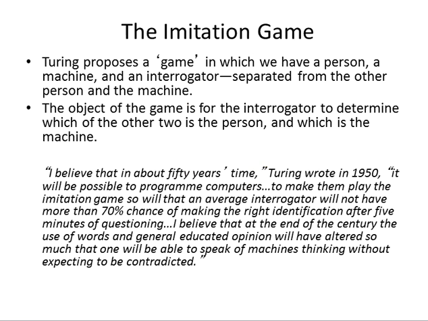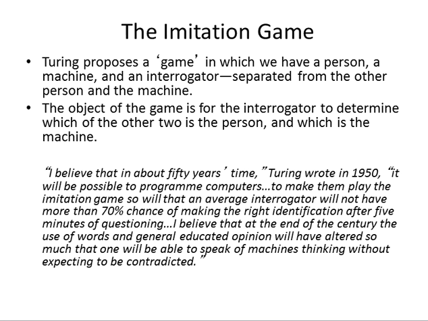So the imitation game. Turing proposes a game by which we can apply this Turing test. Turing proposes a game in which we have a person, a machine, and an interrogator separated from the other person and the machine. The object of the game is for the interrogator to determine which of the other two is the person and which is the machine.